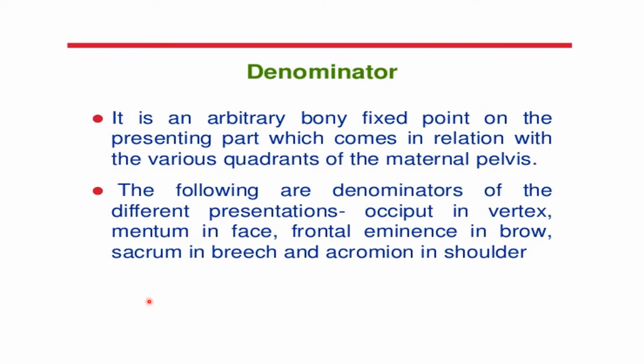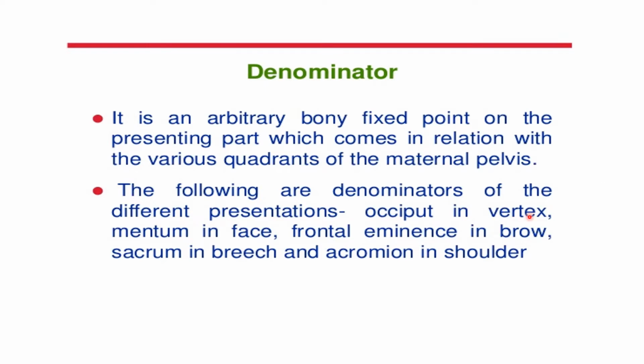And next is denominator. It's an arbitrary bony fixed point on the presenting part which comes in relation with the various quadrants of the maternal pelvis. This also we have seen already in the positions of the baby. In case you want explanations related to that, just see the previous video about the position of the baby. The following are the denominators of the different presentations.